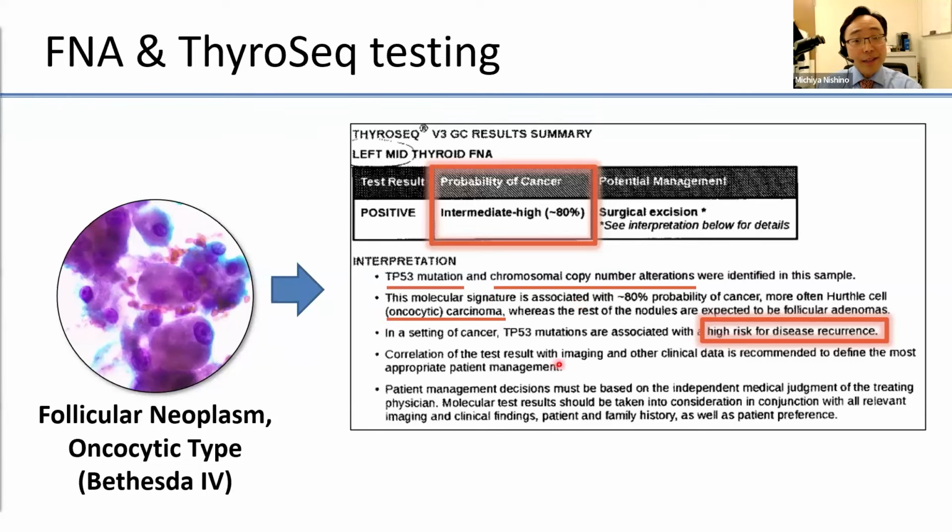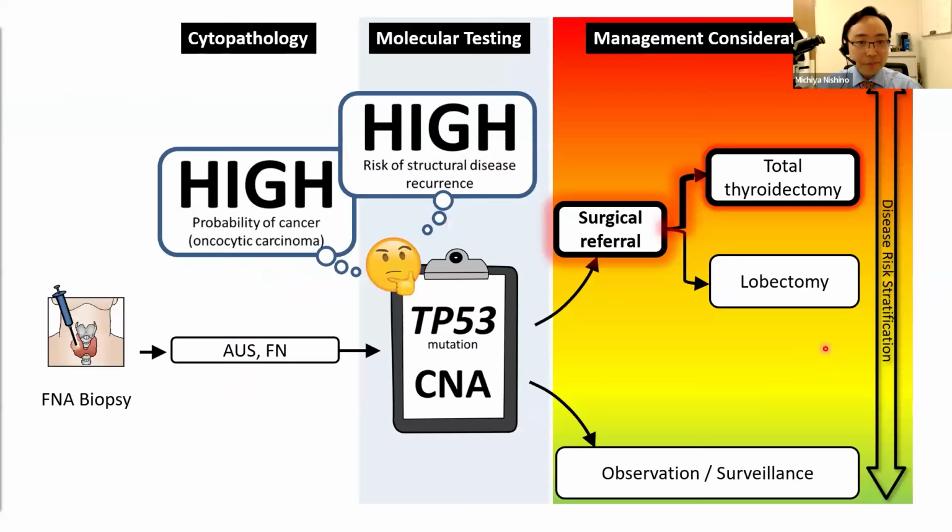And the report went on to say that if this is cancer, the presence of the p53 mutation is associated with more aggressive tumor behavior. So for this cytologically indeterminate nodule, follicular neoplasm or oncocytic neoplasm, these alterations suggested a high probability of cancer, and it forecasted a high-risk aggressive cancer at that, based on the presence of the p53 mutation.